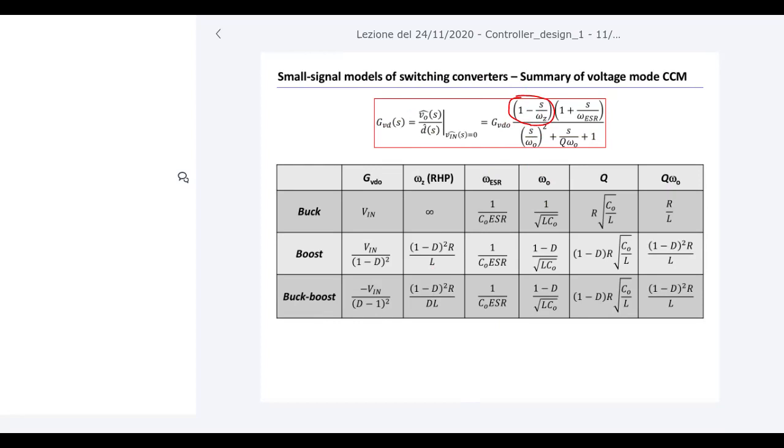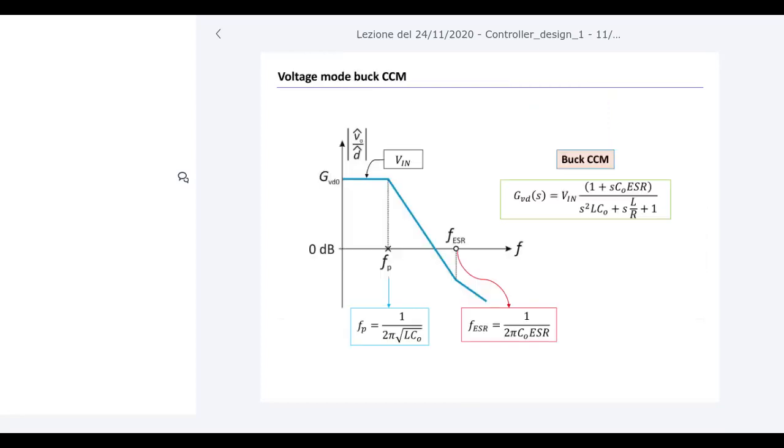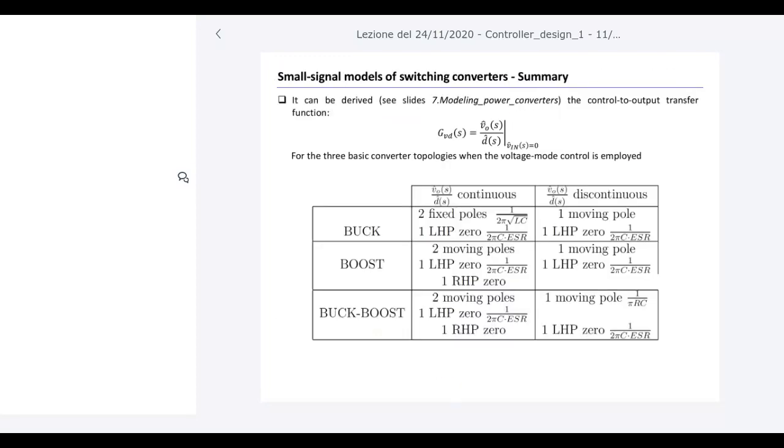And the transfer function was here. This is a result of my modelization technique that, if you want to look at, is described in slide number 7. Okay, and this result will be exploited in the design of the controller. Okay, in this table again we summarize some of the results.